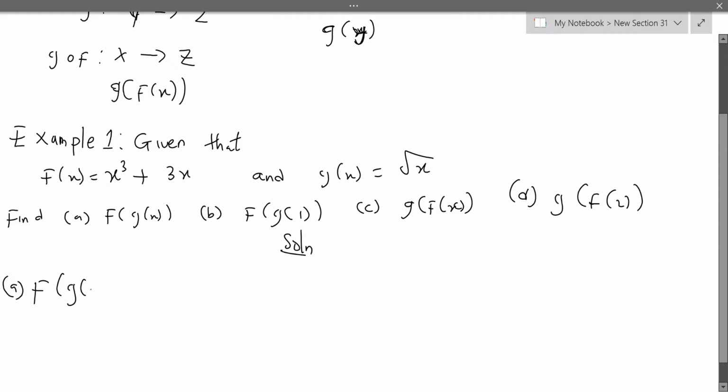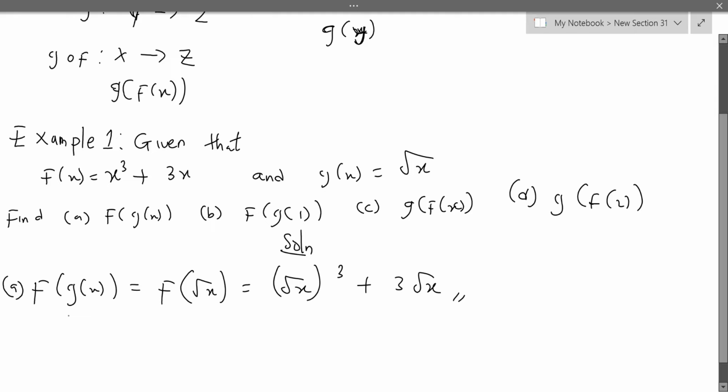In the domain of f, we are going to replace x by g of x, which is root x. Anywhere we see x, we put root x. So that would be root x raised to the power of 3 plus 3 times root x.